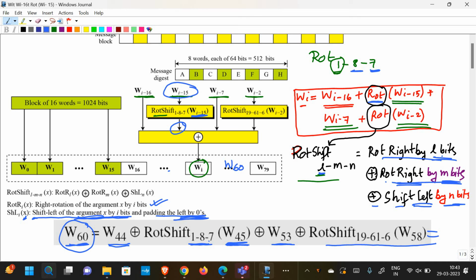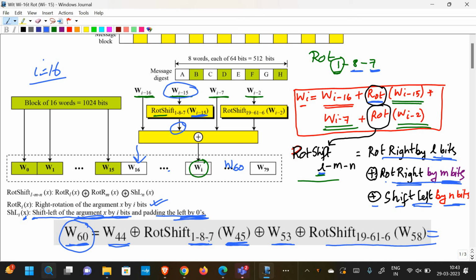Can you tell me for W16, if suppose I have i equals 16, what will be the configuration? I'm talking about this one, W16.